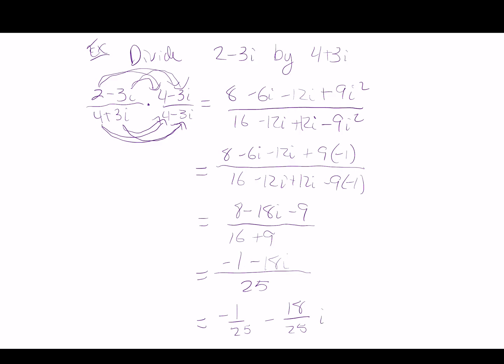Can we simplify 18 over 25? We cannot. That is all we can do there. So in standard form, the answer to this division problem is negative 1 over 25 minus 18 over 25i.